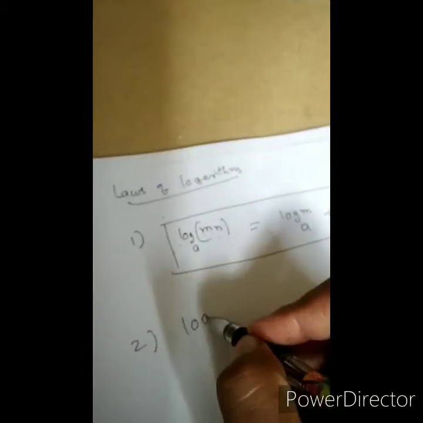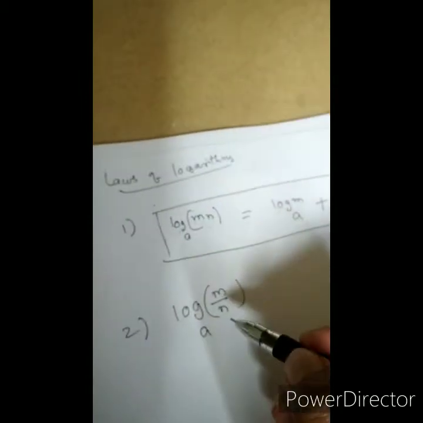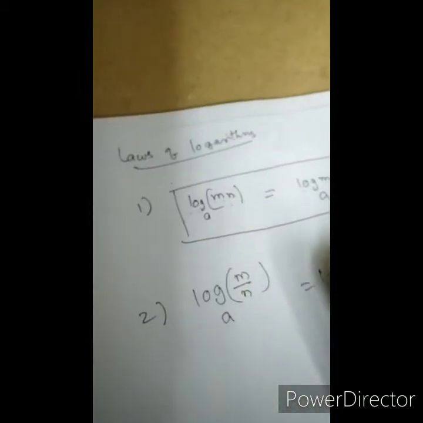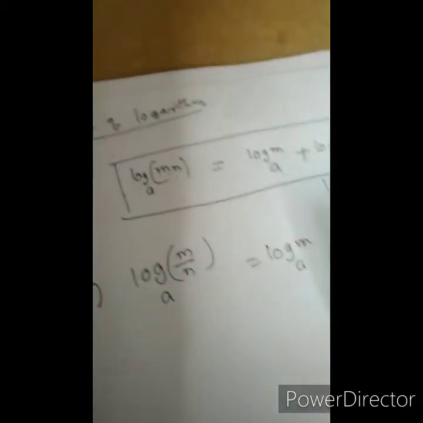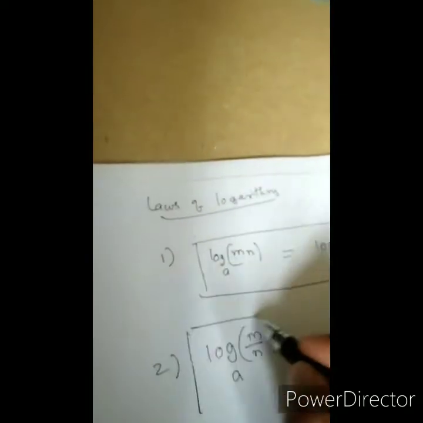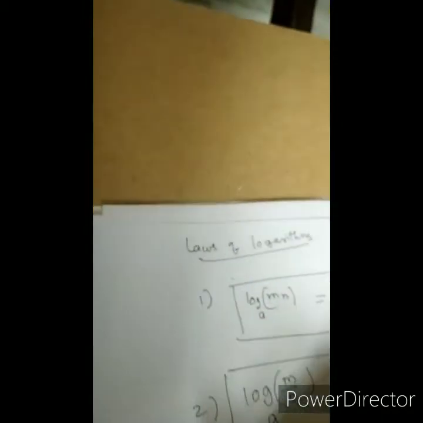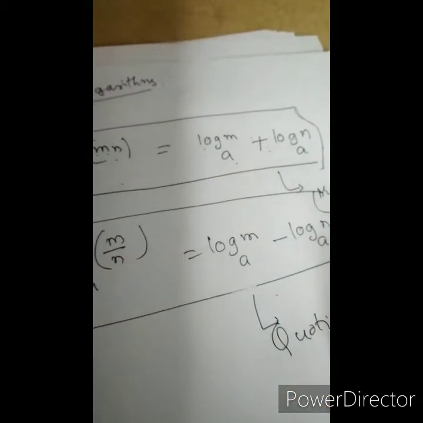Next, logarithm of m by n to the base a is equal to log m to the base a minus log n to the base a. It is called the quotient rule. Here m and n are positive real numbers.